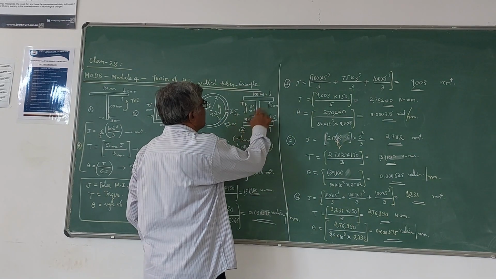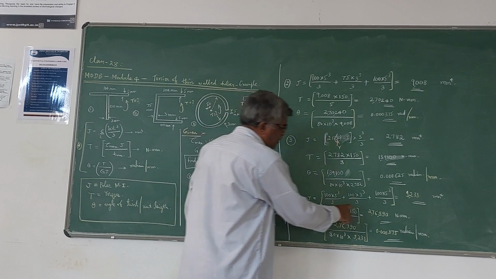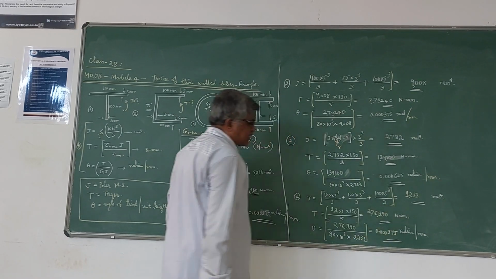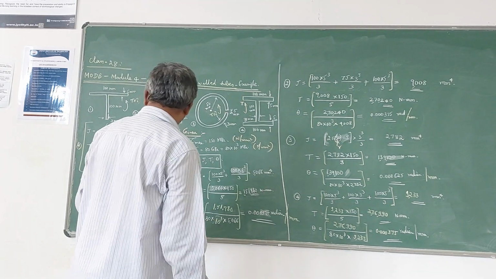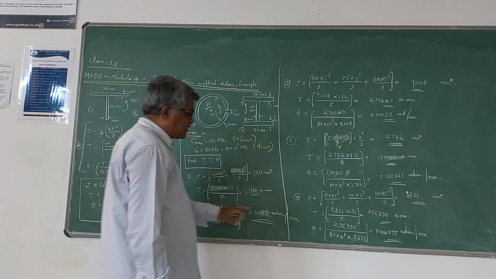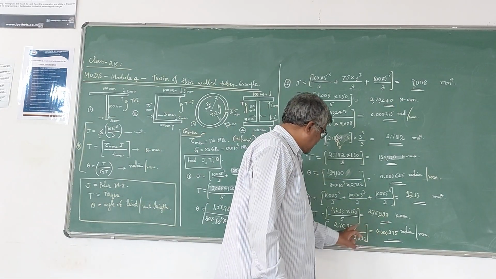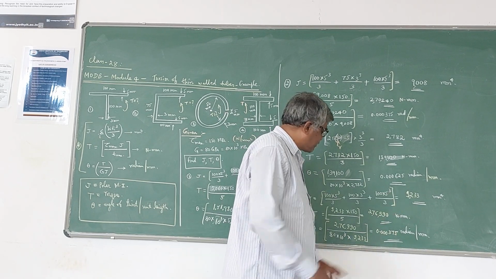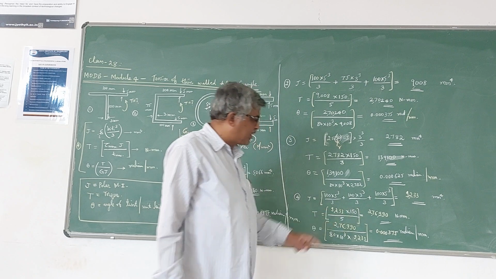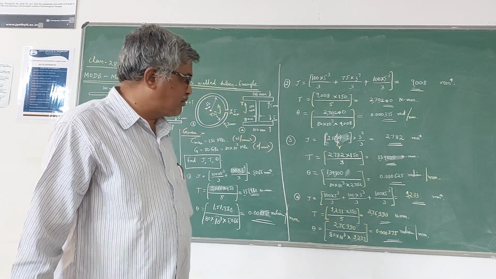Among 5, 3 and 5, the highest is 5. So you are going to get 276,990 Newton mm as the torque, and theta is given by T by GJ. So T is 276,990 divided by G, 80 into 10 cube, into J, 9233. If you simplify this, you get 0.000375 radian per millimeter.